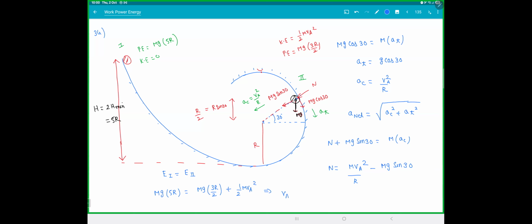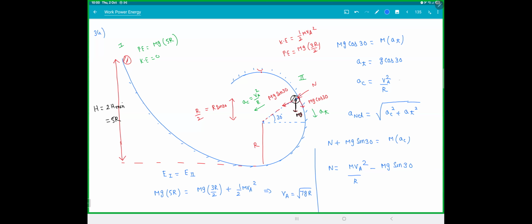This should give you vA is equal to, how much is this? m will get cancelled. 5 to 10 minus 3, 7 gr by 2, so root 7 gr. Check. That is your speed, and then you have everything here actually.